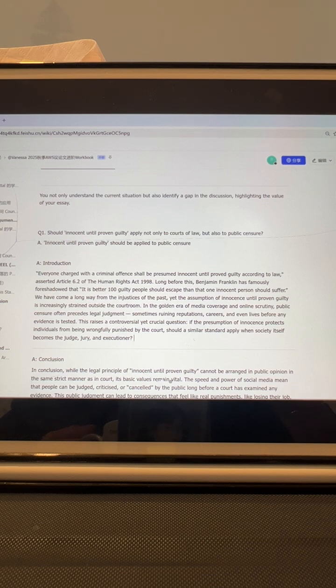But I think the gap could be stated more clearly, your thesis should directly state the stance, and the roadmap should summarize the keywords in one sentence, because it's a little bit longer.